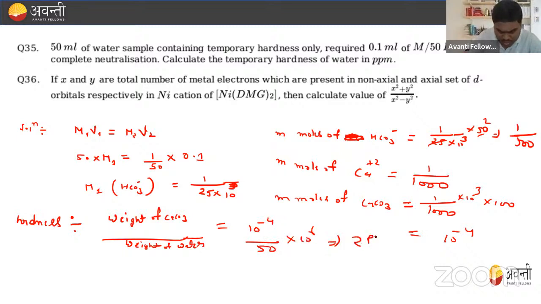So it comes out to be 2 ppm. So 2 parts per million is the correct answer for this question, right? So the temporary hardness of water comes out to be 2 ppm. Okay.